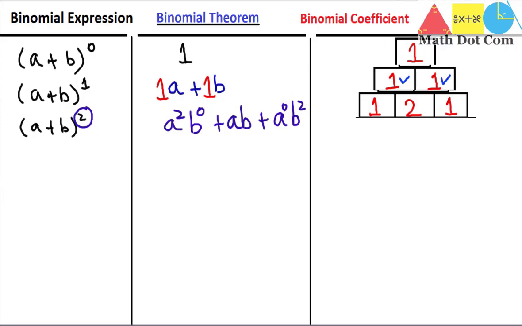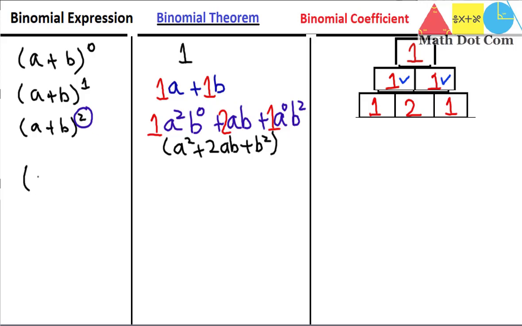Now the coefficients of these terms will be 1, 2 and 1. So if I write it in simpler form, we get a square plus 2ab plus b square. So this is how you can use the binomial theorem in order to expand the given expression.